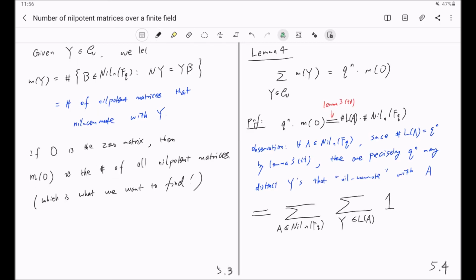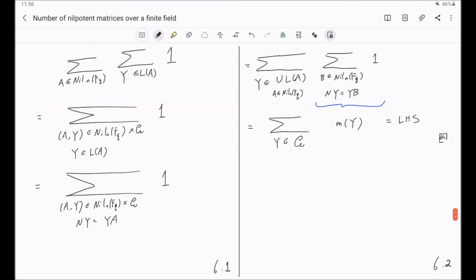And now let's look at the statement of lemma 4 again. You notice that this M of O also appears on the left-hand side of this equation. So, because our final goal is to compute the number M of O, you might want to move M of O on the left-hand side to the right. So now let me rewrite this as follows.